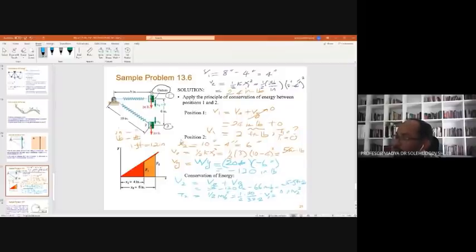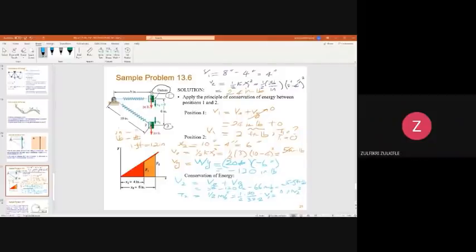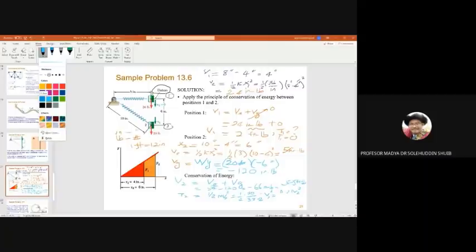The following step is we have to use the conservation of energy. So we are applying conservation of energy. I'm using another color.